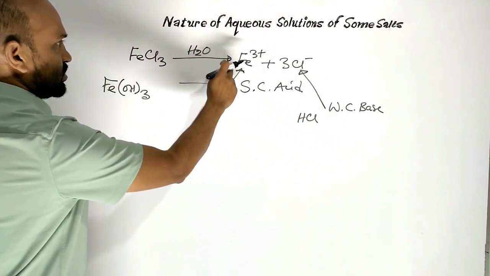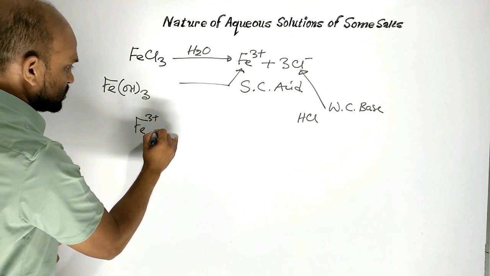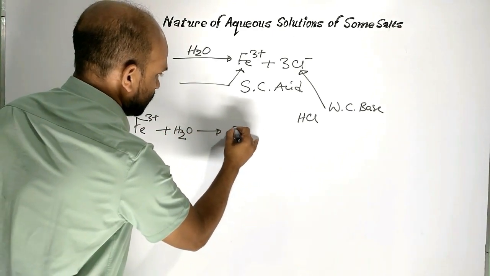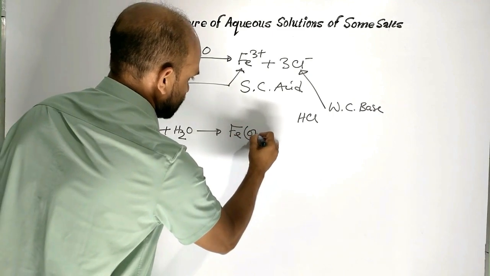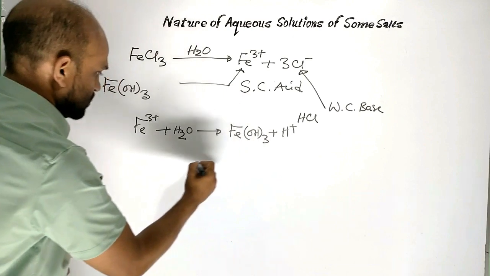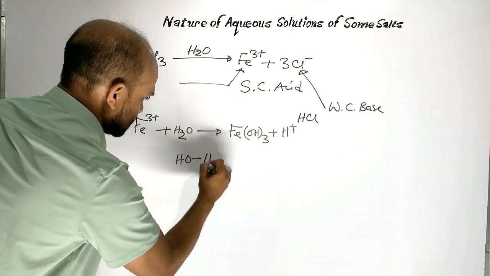So ferric ion undergoes hydrolysis in water to form ferric hydroxide and proton. That is, here hydrolysis occurs.